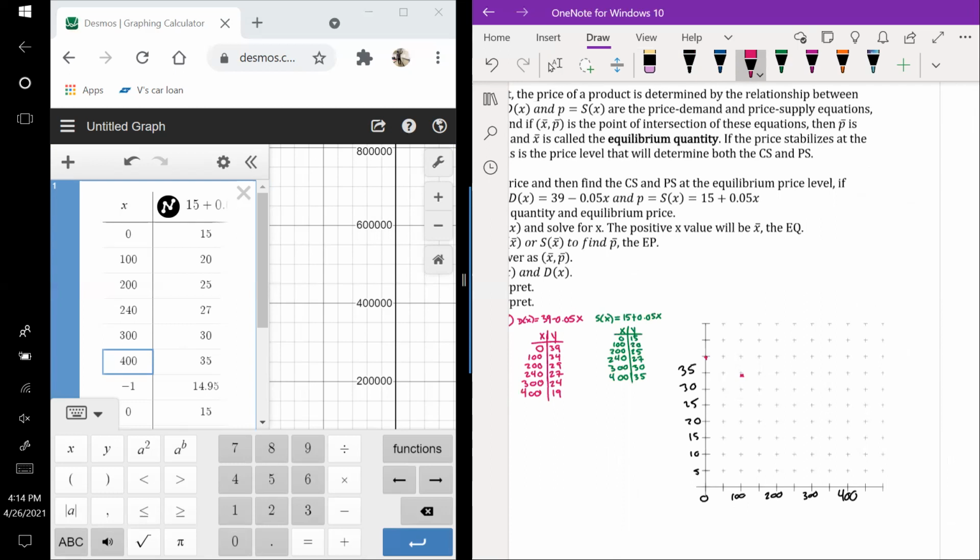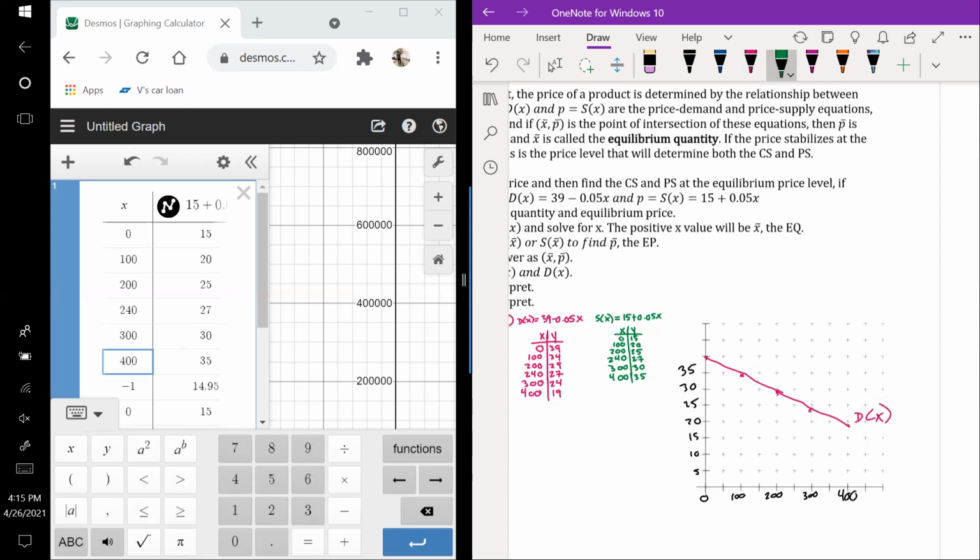Then 200, 29, right below 30. 240 and 27, we'll draw that point in last. 300, 24, right there. And then 400, 19. There we go. So here is d of x.